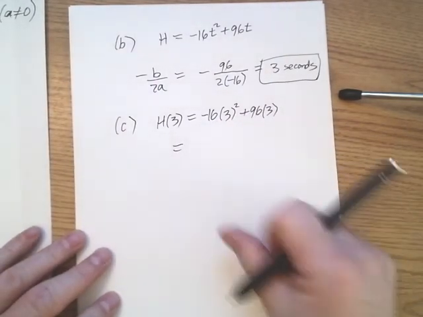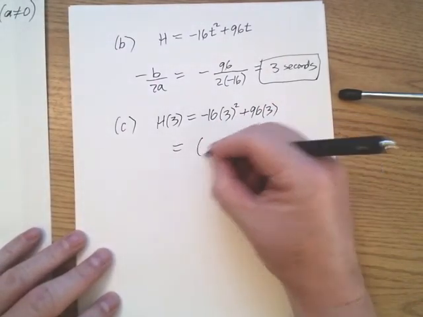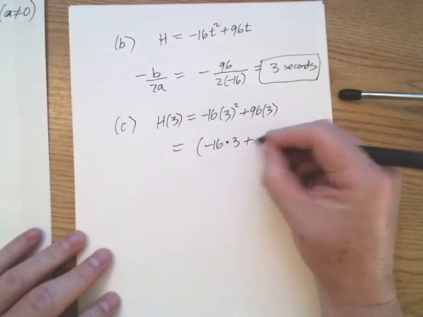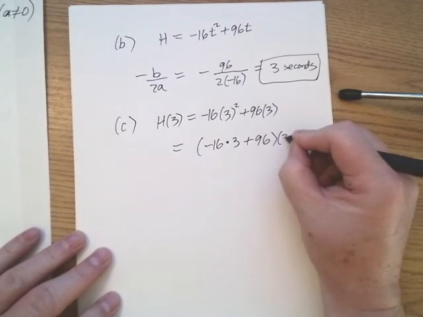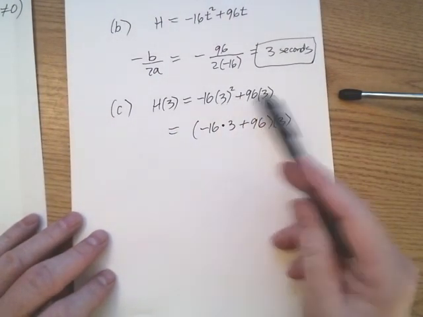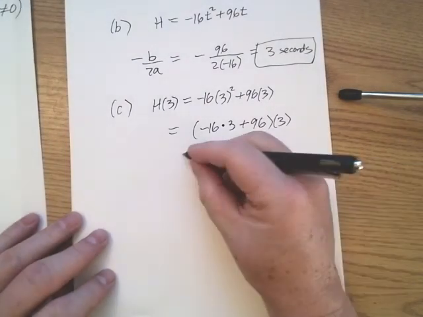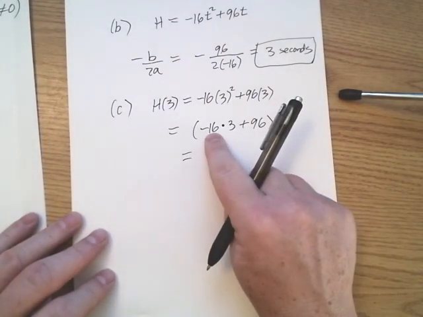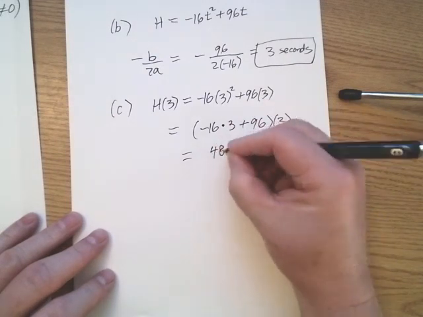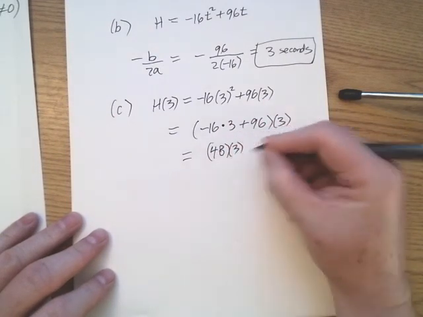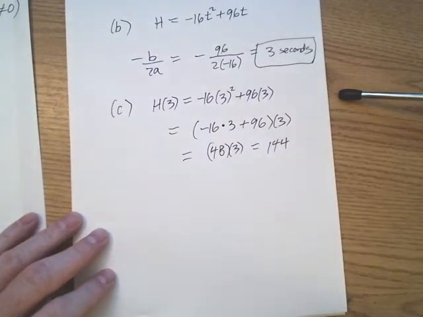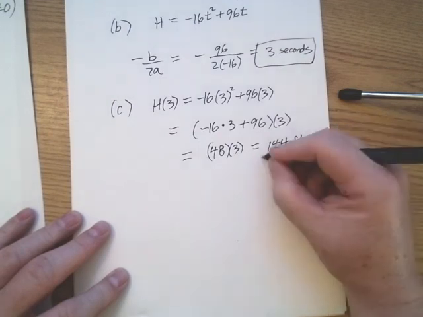I would do this as negative 16 times 3 plus 96, with the 3 on the outside, just for ease of calculation by hand. See, I factored a 3 out of both of those. This is negative 48 from 96, that's 48, so it's 48 times 3. 3 times 8 is 24, and carry here. It's going to be 144 feet.